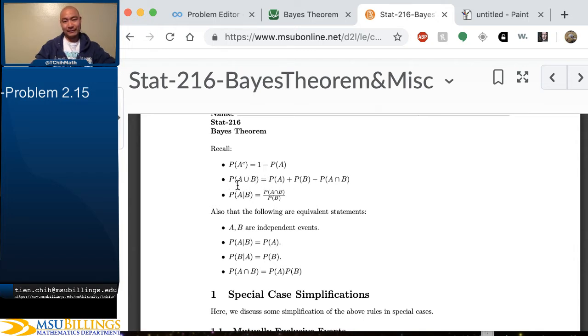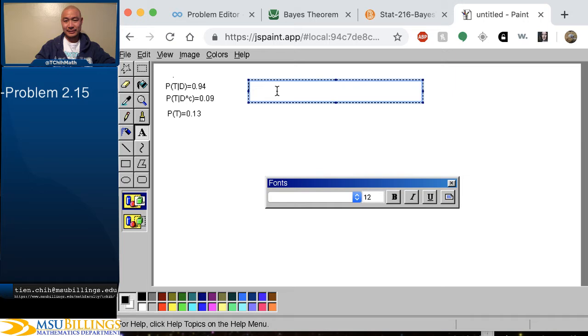We have stuff about unions and intersections, and we don't have information like that. What we have instead is two conditional probabilities, right? And so there's two ways we could try to apply Bayes' theorem.